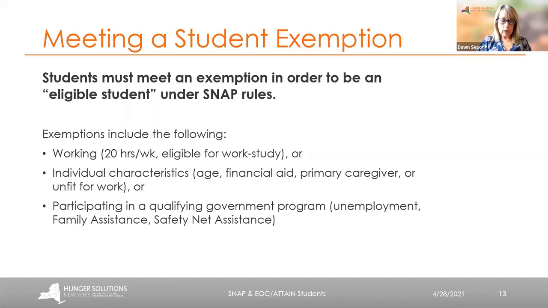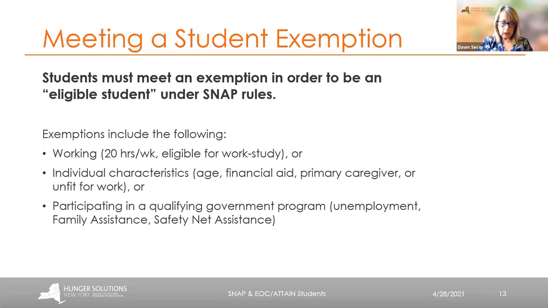And all of this is due to some misconceptions of who students are and lawmakers' assumptions of student fraud. Way back in 1980, federal law was created to restrict most college students enrolled at least half-time from receiving SNAP benefits.